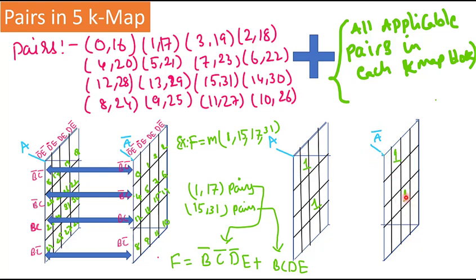Similarly, if you look at your 15 and 31, you are going to have b c d e common. So b c d e of a plus a bar, you are going to have b c d e. So this is how you are going to form the pairs, and you are going to eliminate one literal whenever you form the pair.